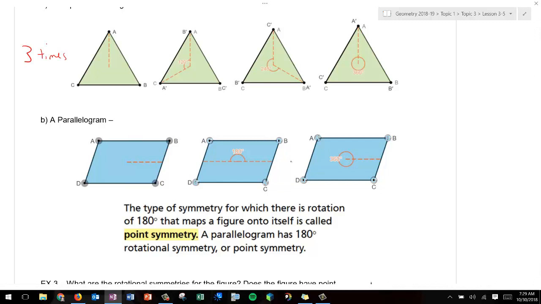And that's the number of lines of symmetry, basically. It's its equivalent for this. When you've only got the ability to turn it 180 degrees and have it repeat, and then 360 like a parallelogram, this has a thing called point symmetry. That's when there's only a rotation of 180 degrees, giving us our symmetry.